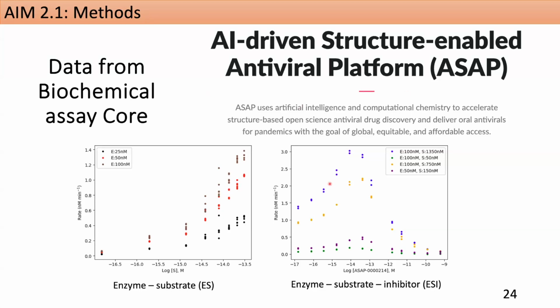Some of these data were only with the enzyme and the substrate at different concentrations, and some were with different concentrations of inhibitor. All these series have different enzyme and substrate concentrations, and then the concentration of inhibitor is given by the position on the x-axis.